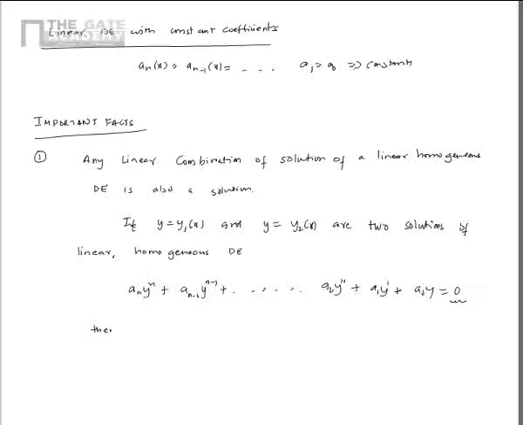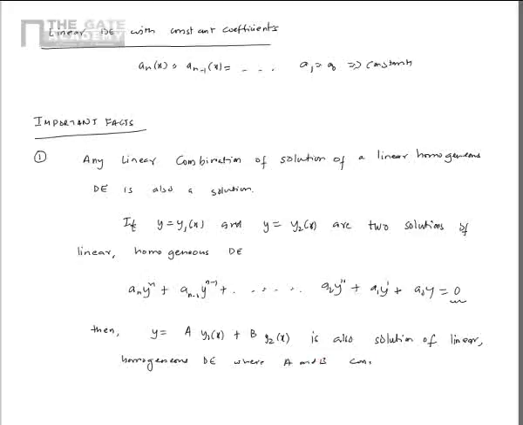Then what this important fact says is that any linear combination a y1(x) + b y2(x) is also a solution of the same linear differential equation, where a and b are constants.